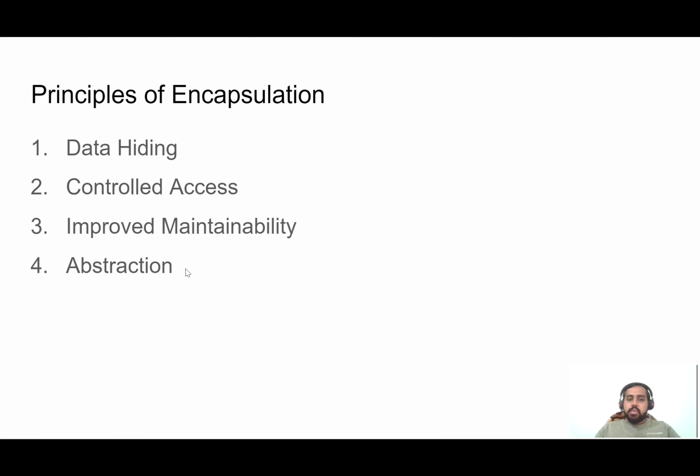So what is abstraction? Briefly, I'll tell you, because we have a dedicated video for abstraction. That is also one of the major concepts of OOPS. Abstraction means we don't have to simply expose all our logic unnecessarily. Take an example of a car. We are developing a program to drive a car.